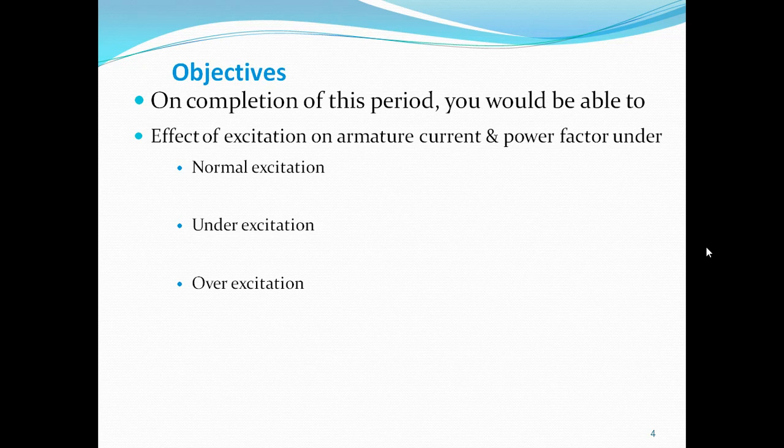That means if you change the excitation of the motor, what happens? How do the armature current and power factor change? We are changing it as normal excitation, under excitation, and over excitation.